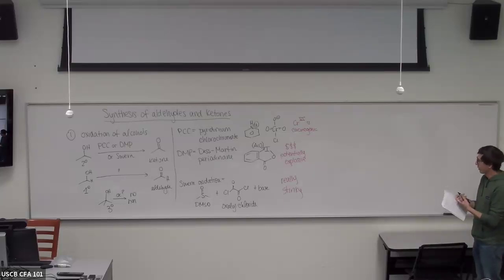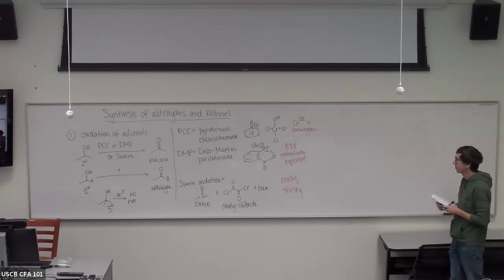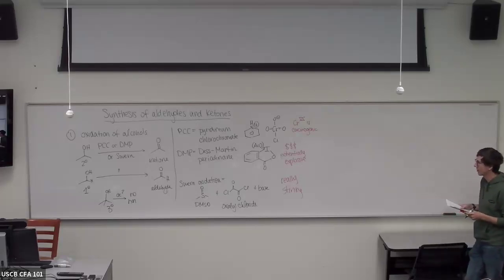So you have to pick which one you're okay with. I would go with PCC because chromium 6 is a really bright orange. But those are your 3 options for oxidizing alcohols.